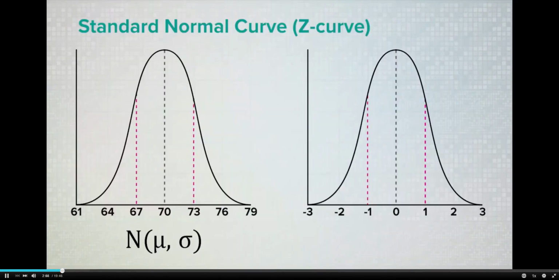What we want to do is take any normal curve, regardless of its mu and sigma, and transform it into the standard normal curve. The standard normal curve is also known as the z-curve, and it has a mean of 0 and a standard deviation of 1. The way we do that is we find the z-score for every value in our distribution.